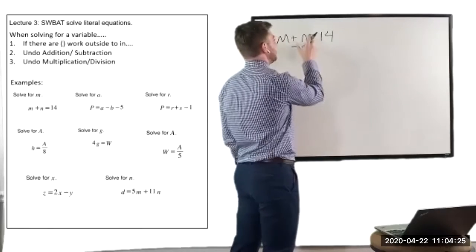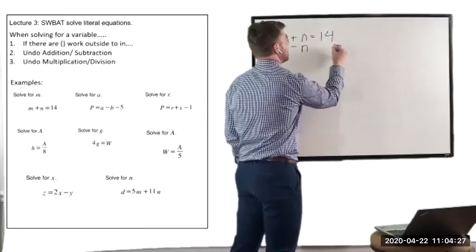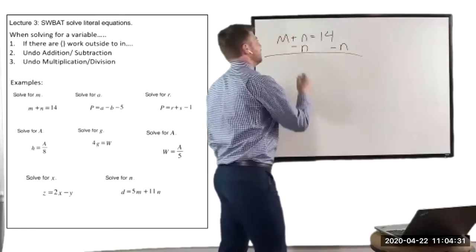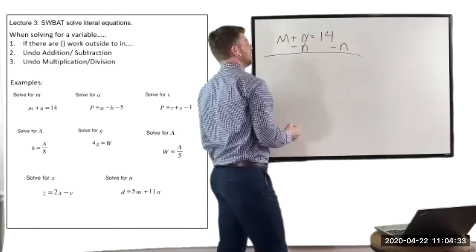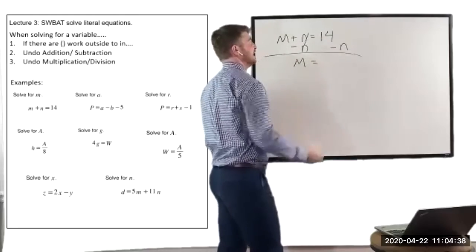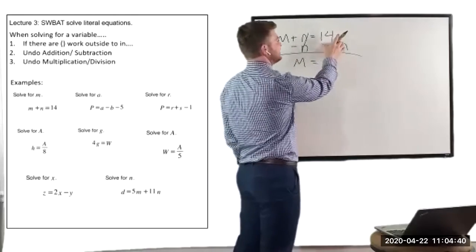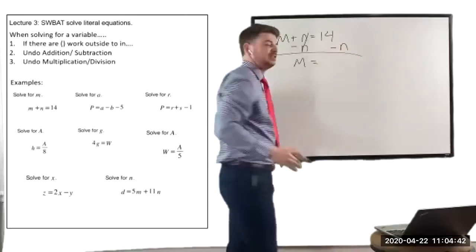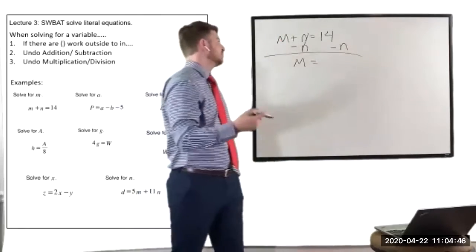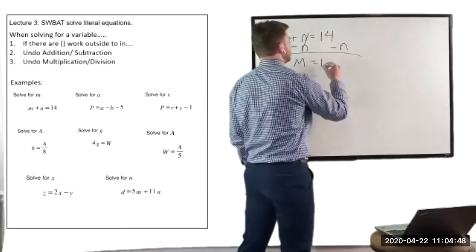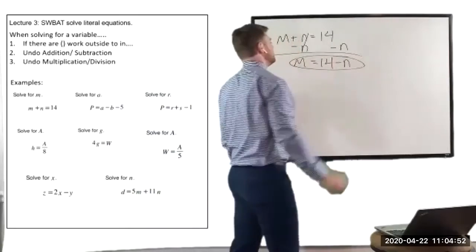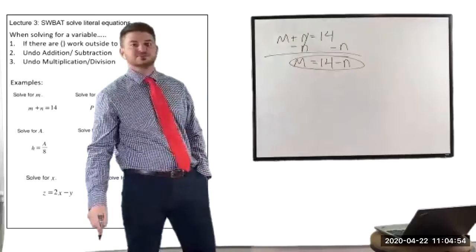And if we subtract an n on one side, we have to subtract it on the other side, okay? So n minus n, well, that's 0. So all we have left over here is m. And then on this side, well, a 14 and a negative n, those are not like terms. We cannot combine those at all. So the only thing we can do is write them as separate terms, 14 minus n, and that's your final answer, okay?